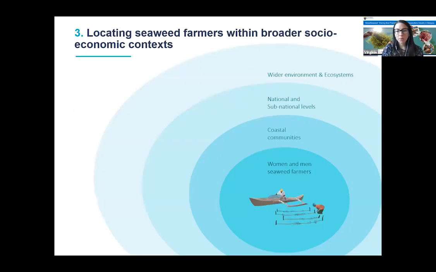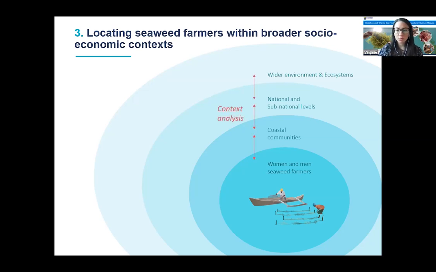The second important approach in our work was to locate seaweed farmers within their wider socioeconomic context. While many of our colleagues worked on how the environmental parameters of seaweed farming affect the growth of crops, we looked at the societal factors, from social context factors to political dynamics, as well as interactions within and between different regions.